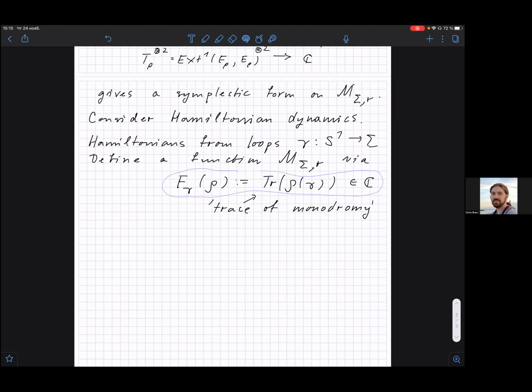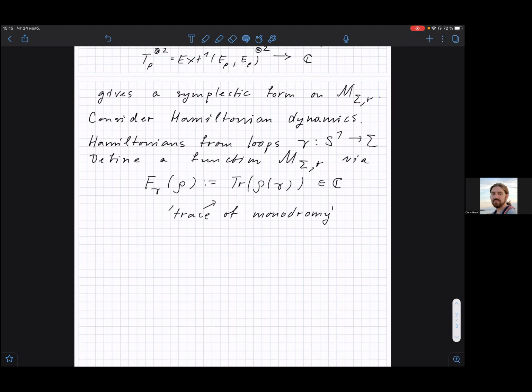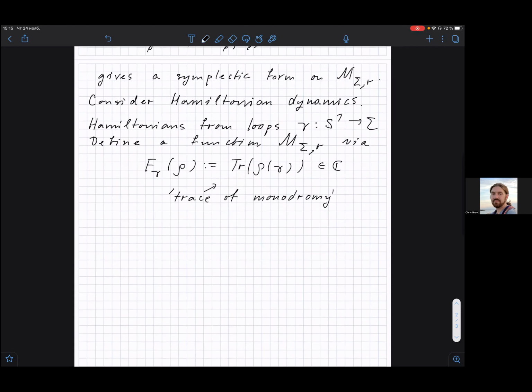And Goldman studied the flows of these things and wanted to know when the corresponding Hamiltonian vector fields commute. So we need to compute brackets between them.